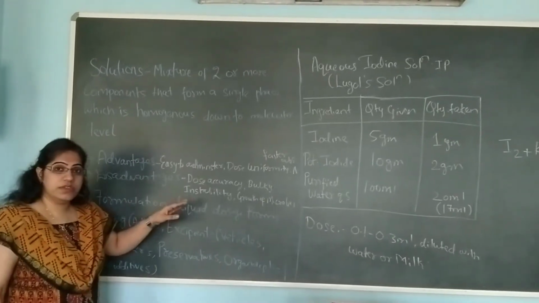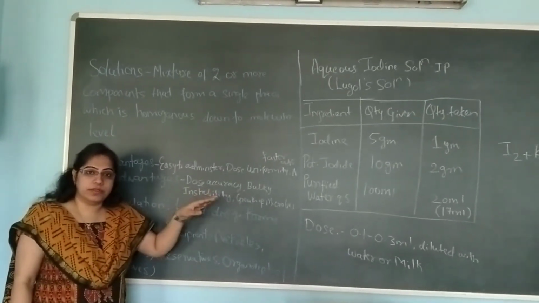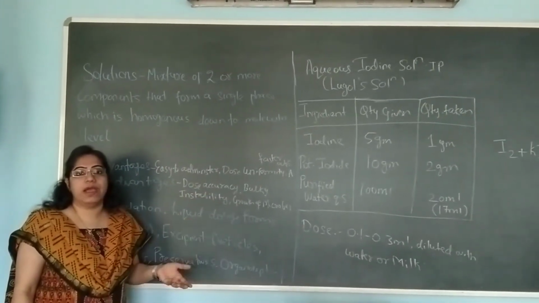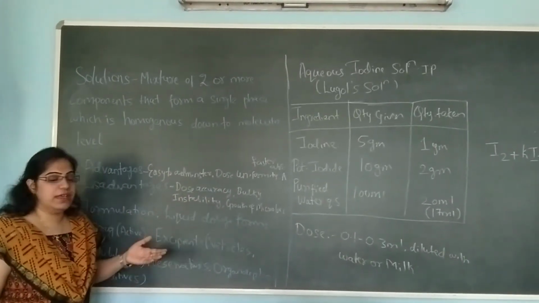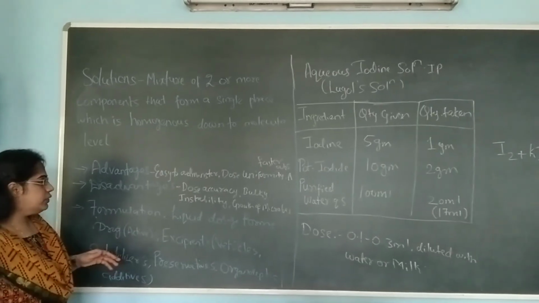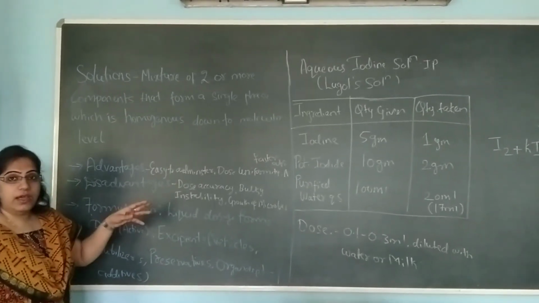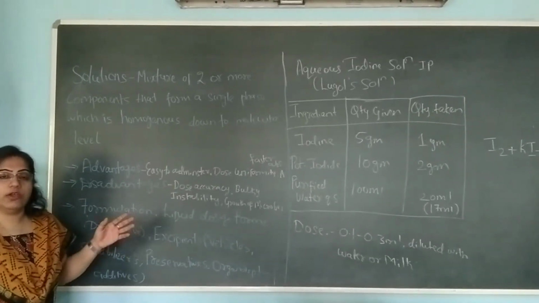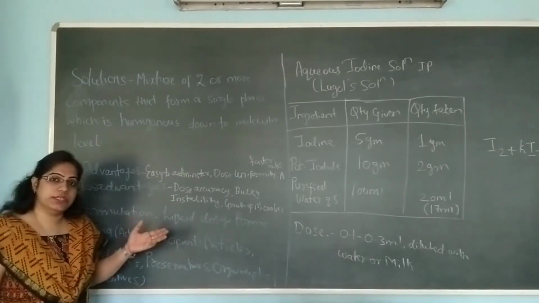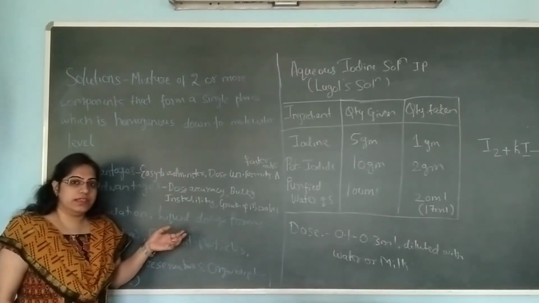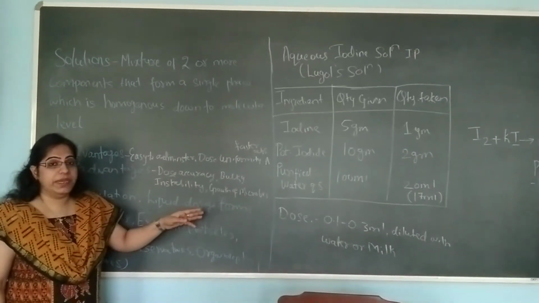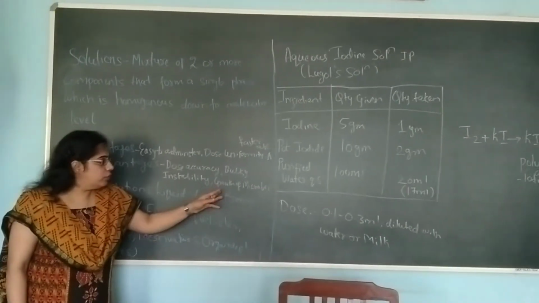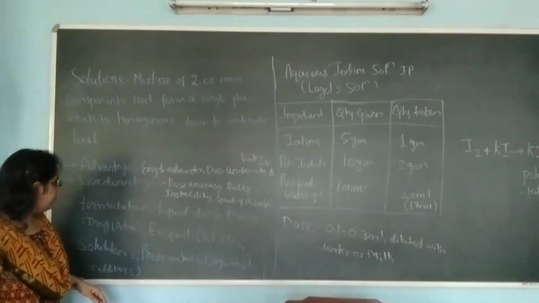Then these solutions are bulky in nature, so they are difficult to handle and difficult to transport from one place to another as compared to solid dosage forms. Since these are liquid dosage forms, they also show increased stability problems. And they are aqueous in nature, so they are also a suitable medium for the growth of microorganisms.